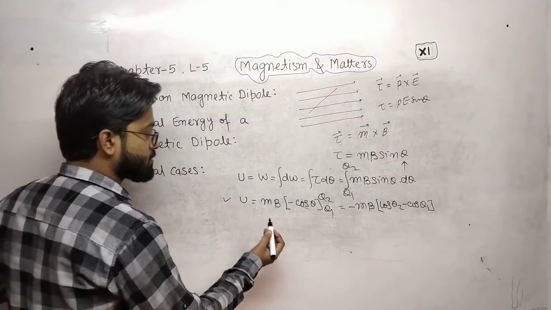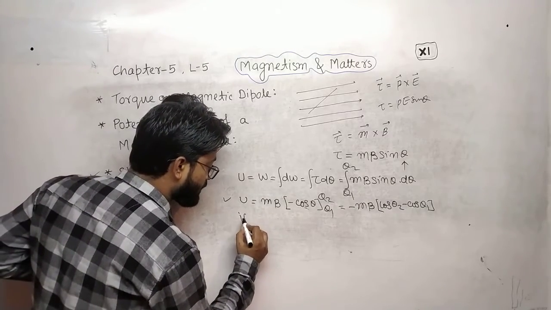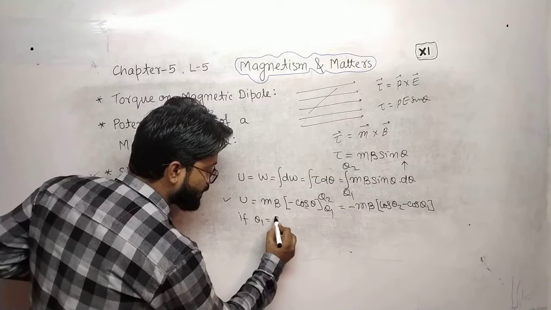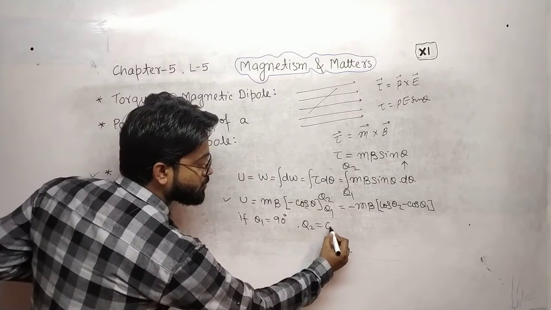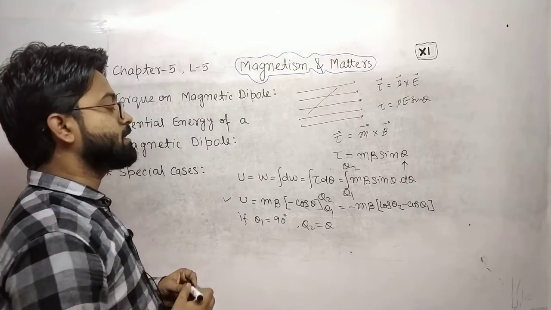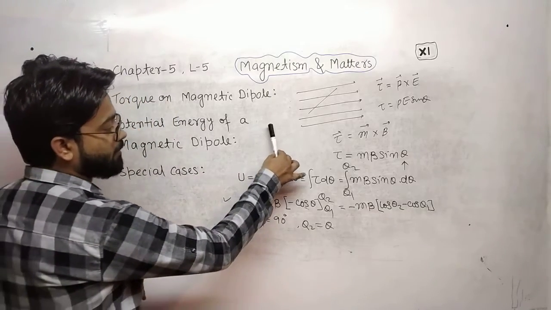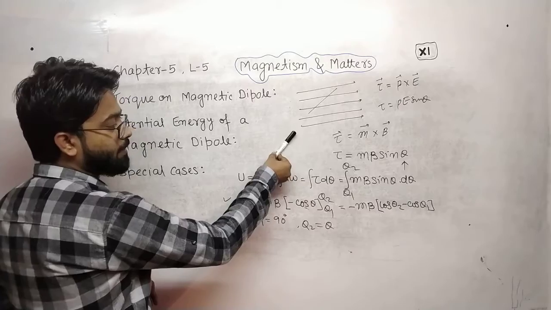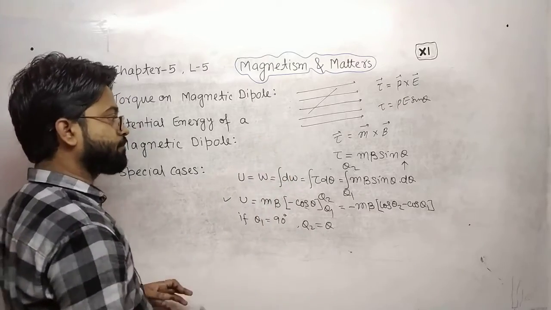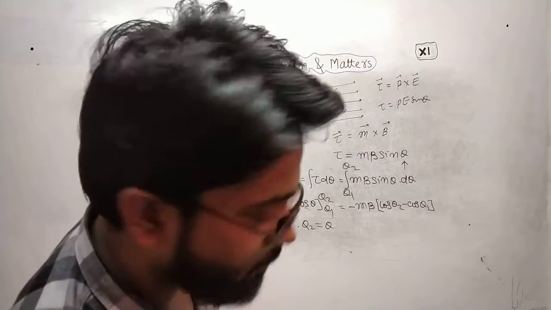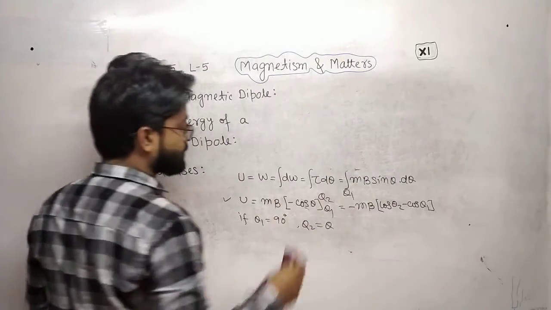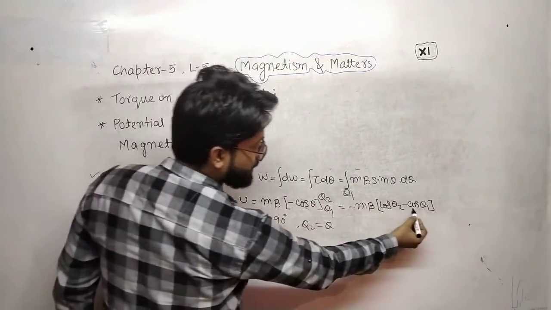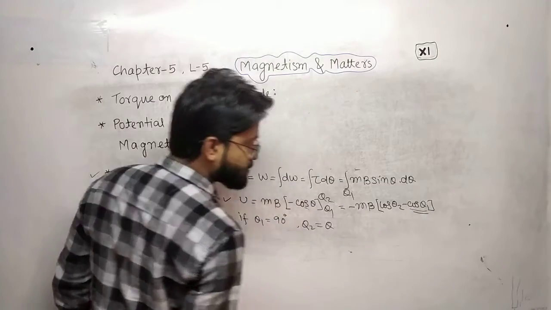now here are the special cases. If theta 1 is equal to 90 degrees and theta 2 is equal to theta, meaning the magnetic dipole is rotated from 90 degrees to a particular angle theta, what will you have? Cos 90 is 0.